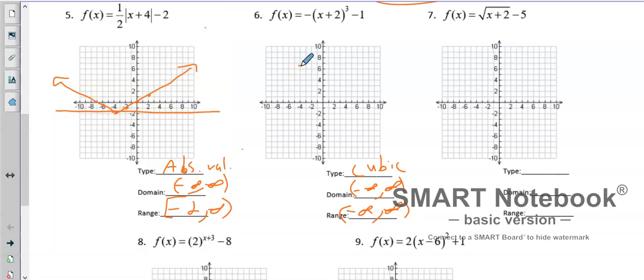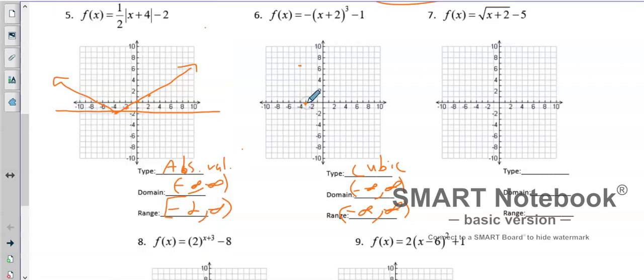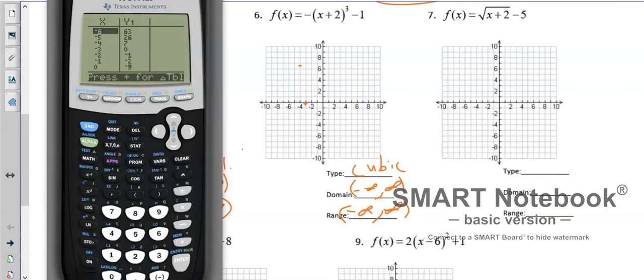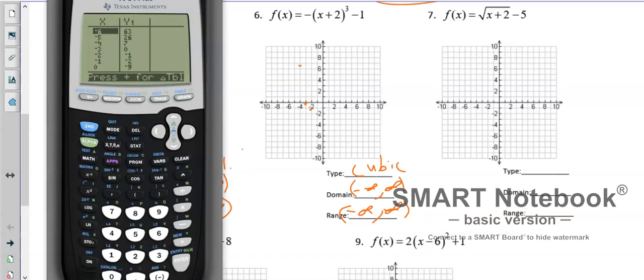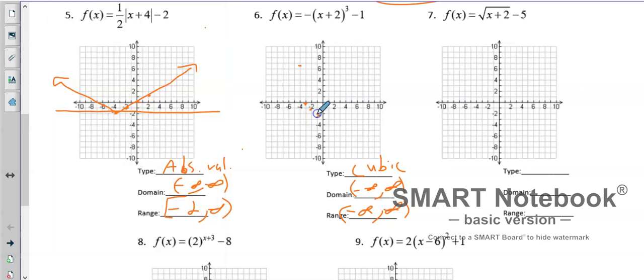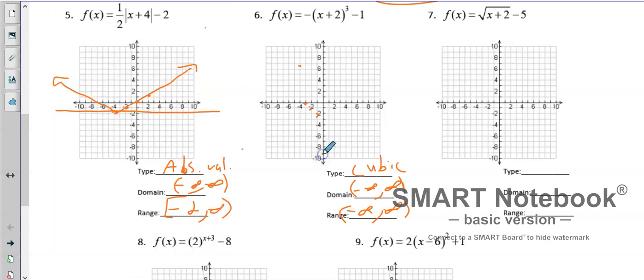Looks to be about there. -3, 0. -2, -1. -1, -2. I believe it was 0, -9. So that gives us our general shape of it, like so.